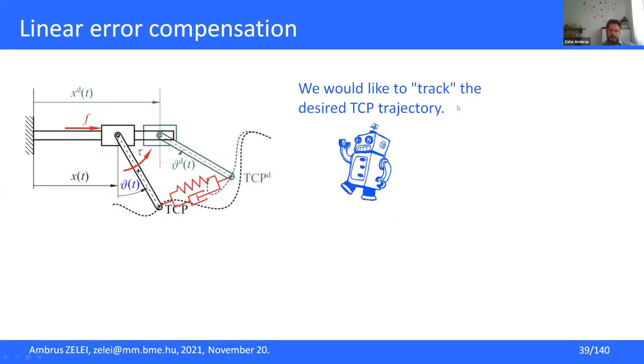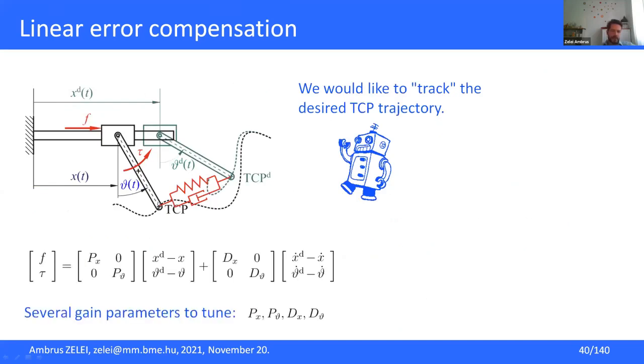Let's see the same thing in case of the 2 degree of freedom example. So I can do something similar. I can apply a P term for the X position error, which is the position error of this mass here, the cart, and another P for the angular error.